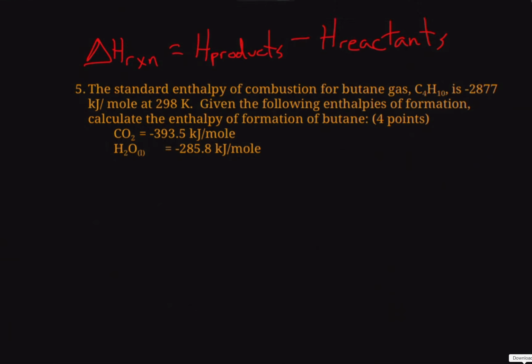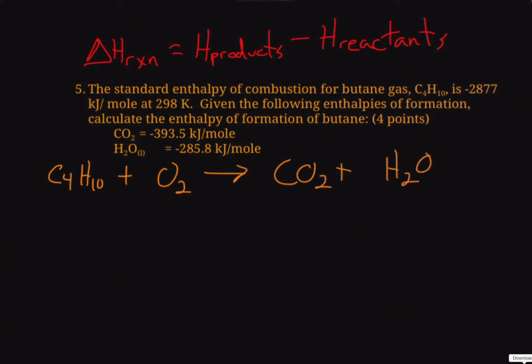So if we write out the balanced equation, we have C4H10 gas plus O2 produces CO2 plus H2O, and that is the reaction that produces the negative 2877.